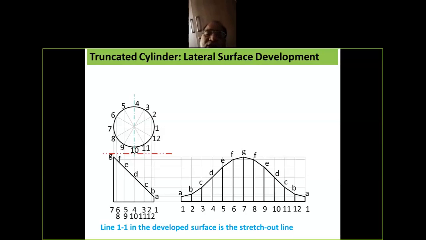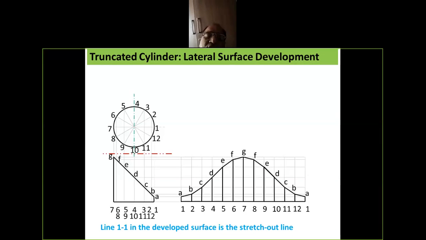This will give the development of the truncated cylinder.